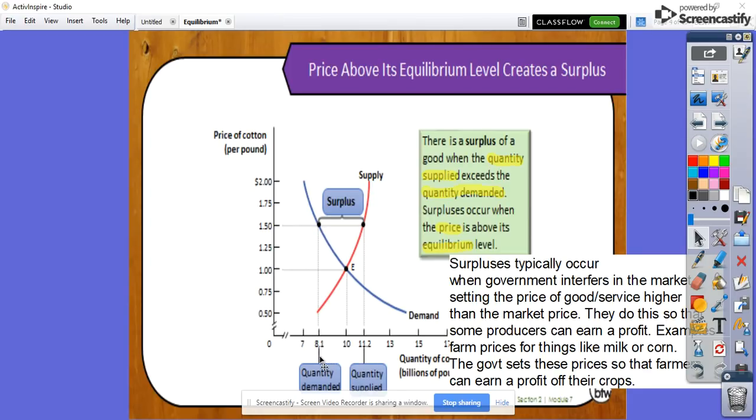So right here, they have a 3.1 gap between these two numbers, so that is a surplus. There's more supply than there is demand. Anytime price is above equilibrium, you will have a surplus.